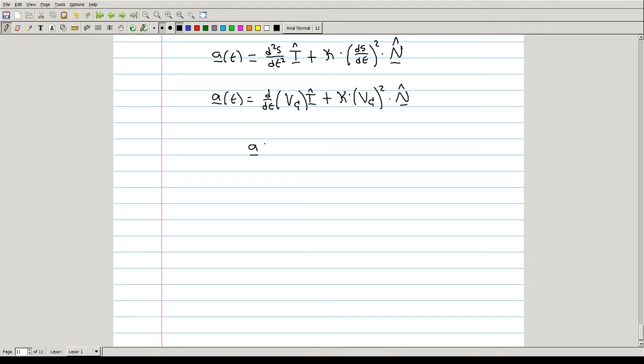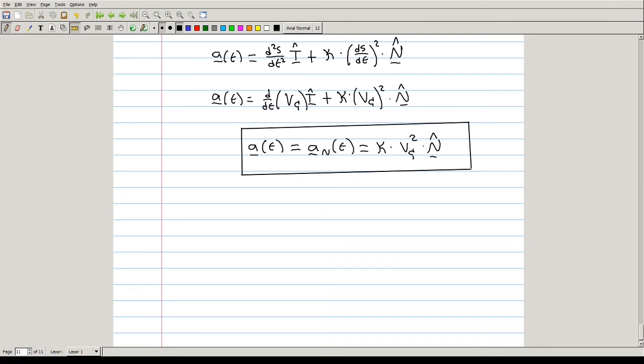So we have that the acceleration vector, when a particle moves with a constant speed, is just equal to the normal component of acceleration, or the centripetal acceleration, which is the curvature times the square of that constant speed times the unit normal vector. So this is example 2, when a particle moves with constant speed. So even if a particle moves with constant speed, you actually still do have acceleration. You have purely centripetal acceleration.